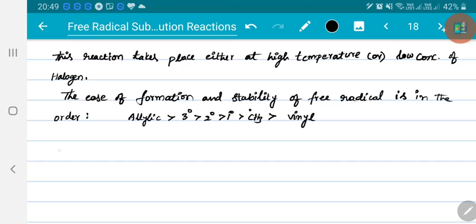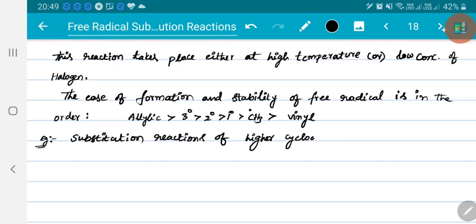Next, another example. Substitution reactions of higher cycloalkanes in presence of sunlight.